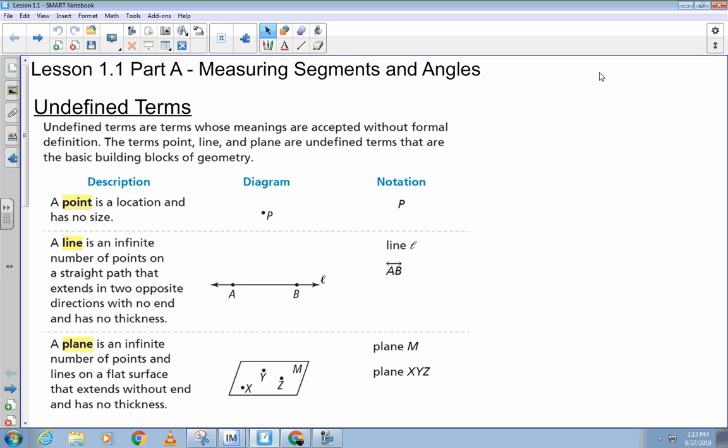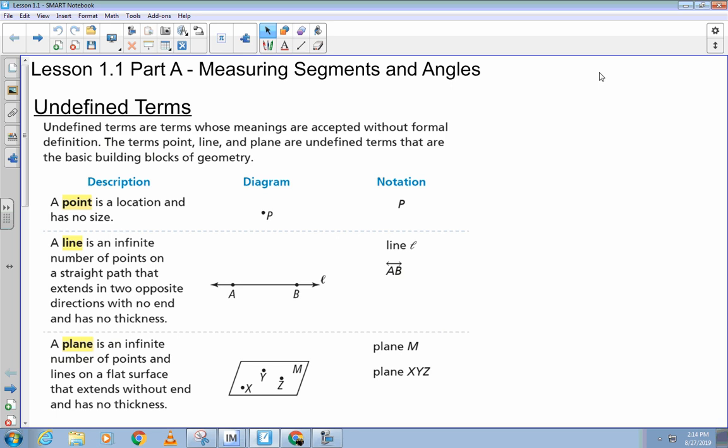The line is an infinite number of points on a straight path that extends in two opposite directions with no end and has no thickness. All right?